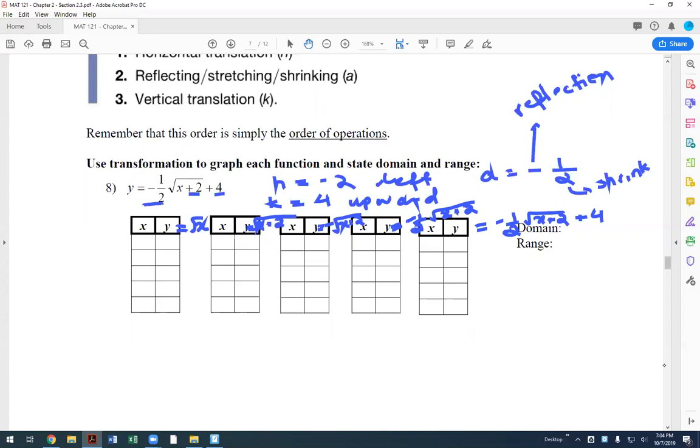And we will be graphing all of these individual movements separately on the same graph. Okay, so we are starting out with our square root of x.